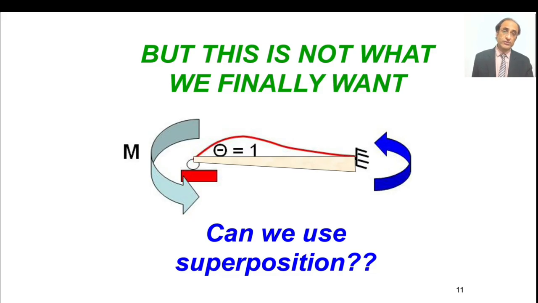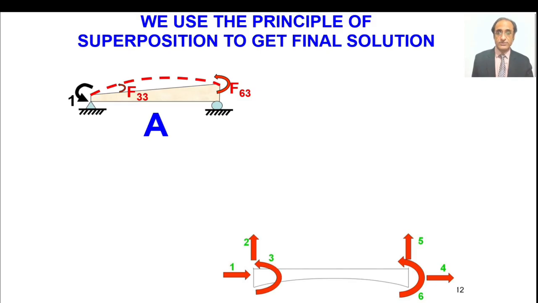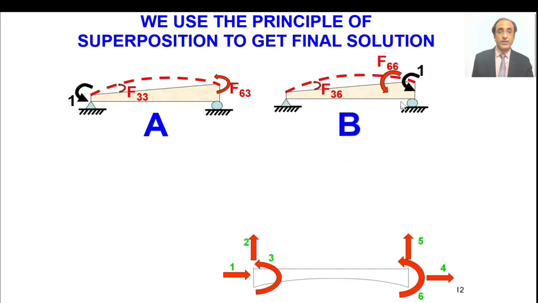So what we do for this purpose, we use the principle of superposition. So all we have to do is that now we have solution A with us, that is we had applied the moment at the left end and we had solved this system, and at the same time we had applied the moment at the right end of the structure and we had solved this system also. So we have the systems A and B.